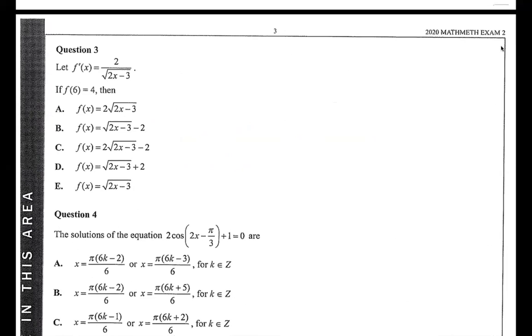Question 3. Let f dash of x equal 2 over the square root of 2x minus 3. So it's an integration question, and f of x is just the integral starting from 6, ending at x, of 2 over the square root of 2u minus 3 du, plus the value of f of 6. And let's have a look.